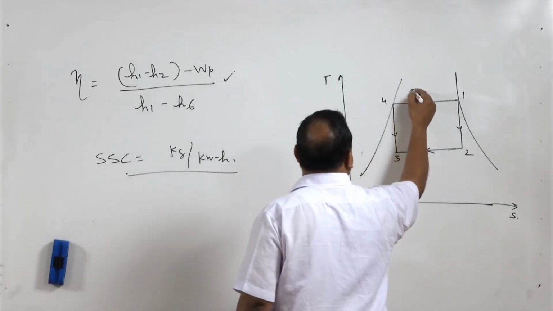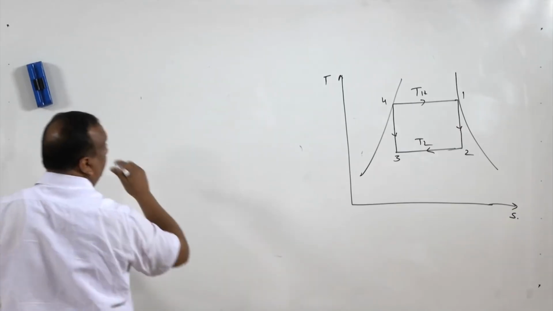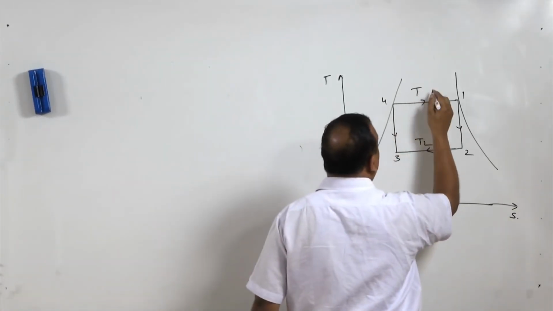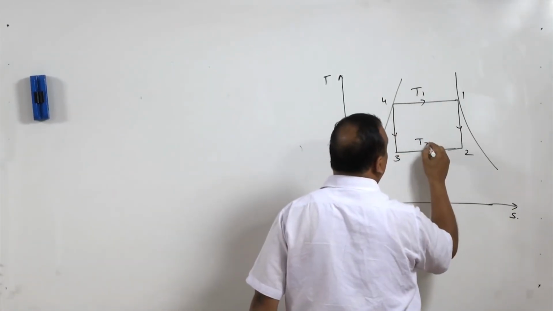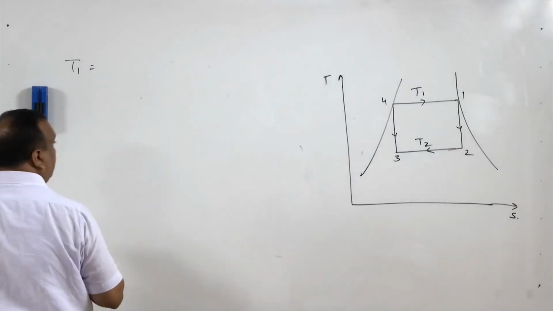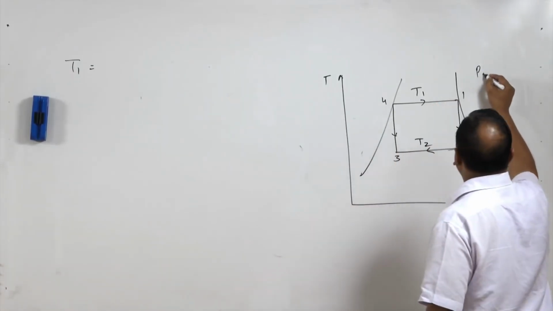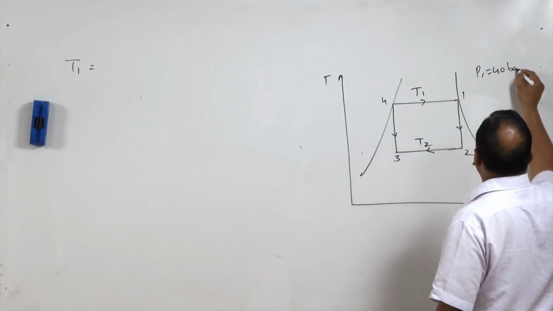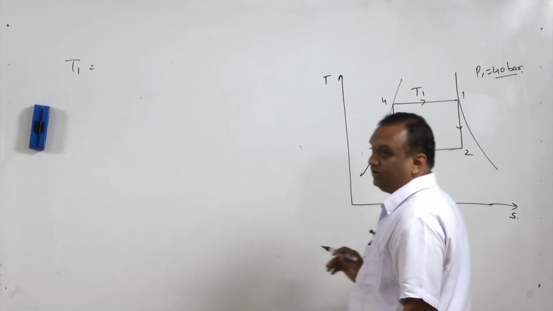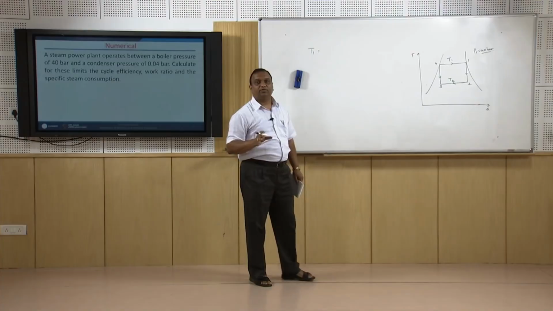Now, temperature, this is TH and this is TL. So, TH, or we can take T1 and T2 also. In some of the books it is taken as T1 and T2. So, T1 is saturation temperature at 40 bar, because the pressure is 40 bar. So, at this pressure accordingly saturation temperature will be taken. These temperatures you can take from the steam tables.